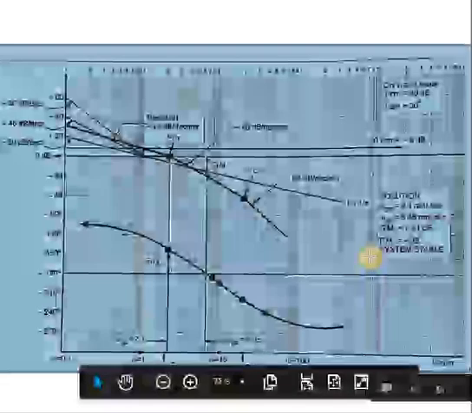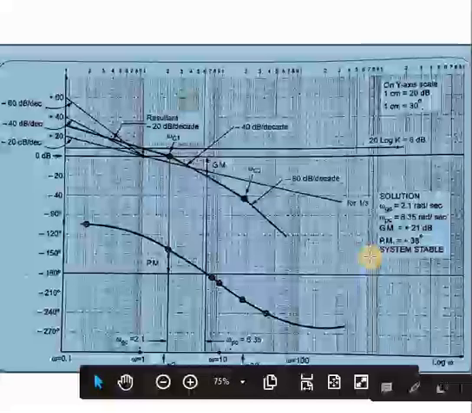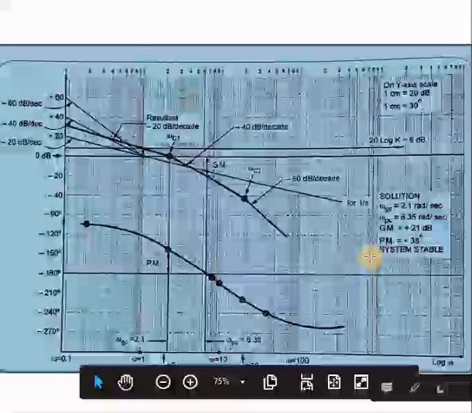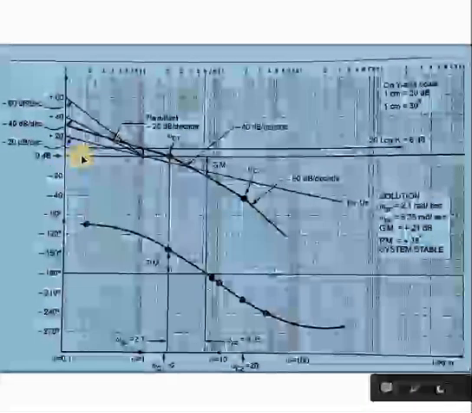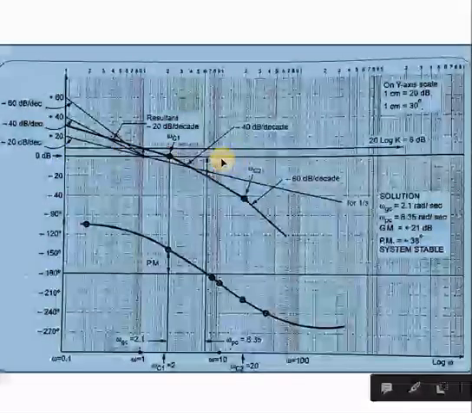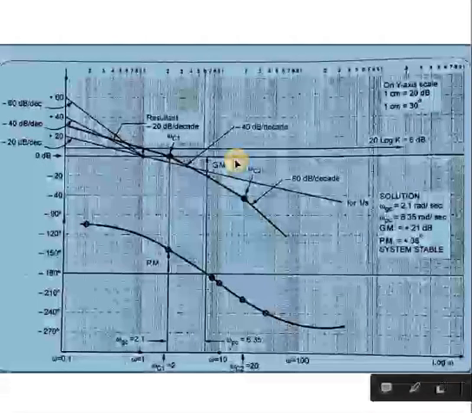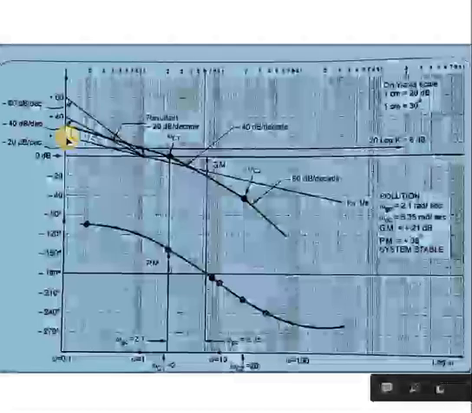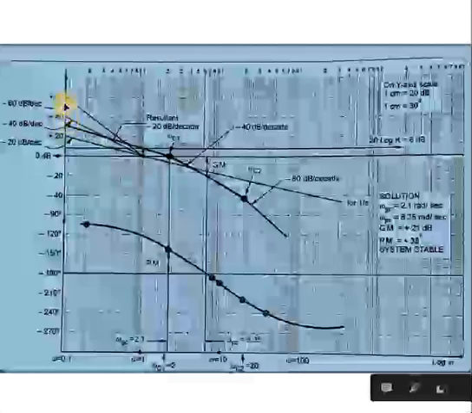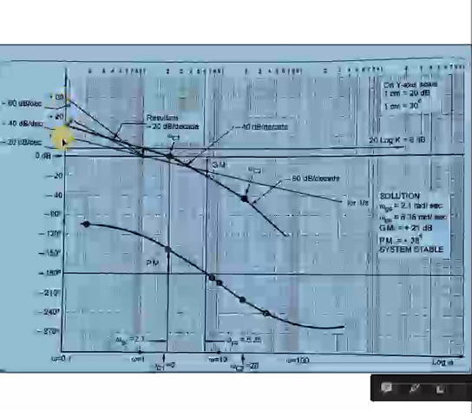Okay. So here, as I said in the previous problem, first you need to draw the 0 dB line here. That is the first step. Then mark plus 20 dB, 40 dB and 60 dB.